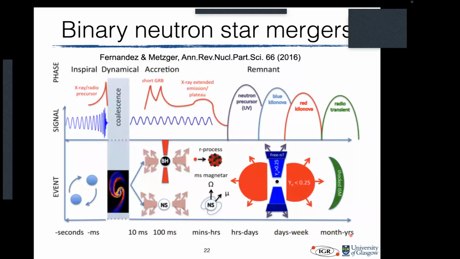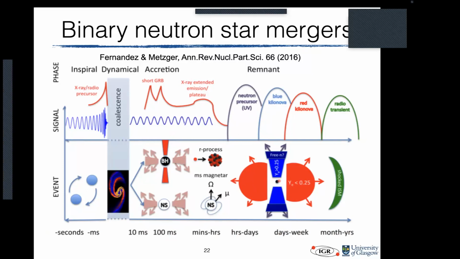And that's why we need to observe on very many long timescales, first very promptly, and then on to continuous observations, because these tell us a lot of things about what's going on in the central engine of this gamma ray burst. They can tell us about the properties of the neutron stars, but they can also tell us about what's going on after the neutron stars merge, and so on and so forth.